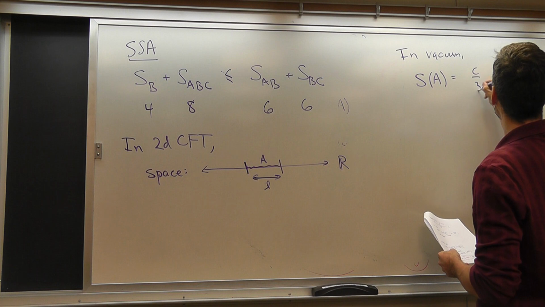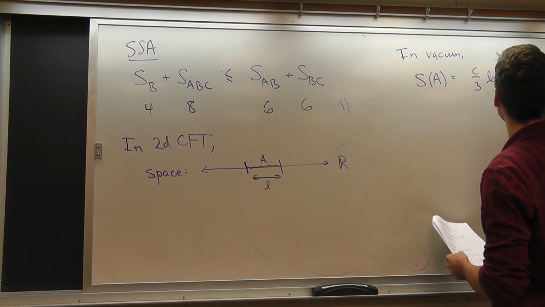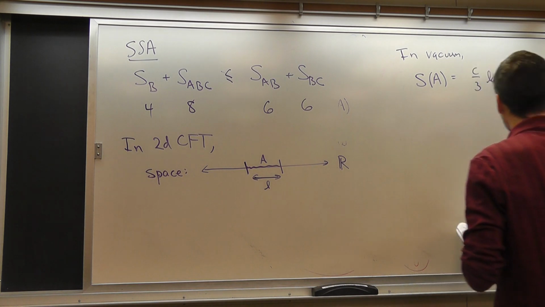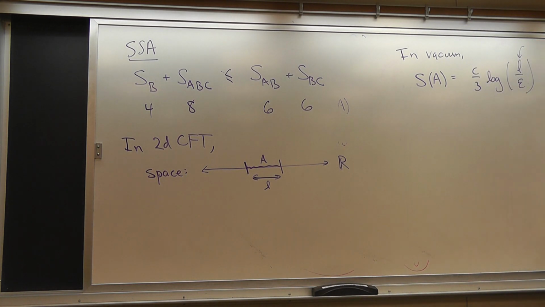It's c over 3 log L over epsilon, where L is the size of region A, and epsilon is the UV cutoff.